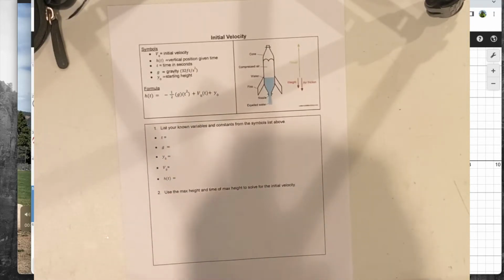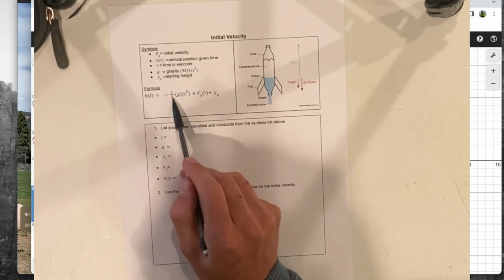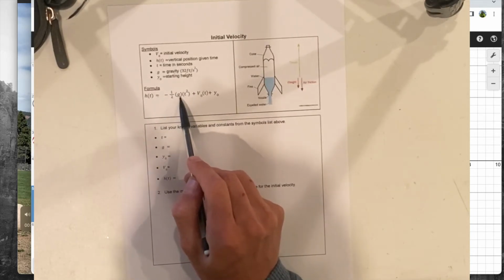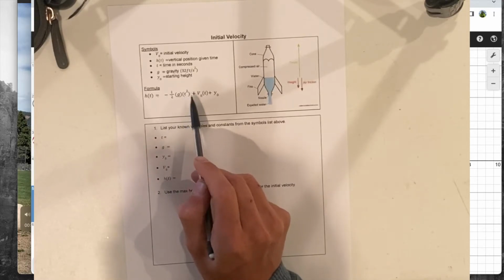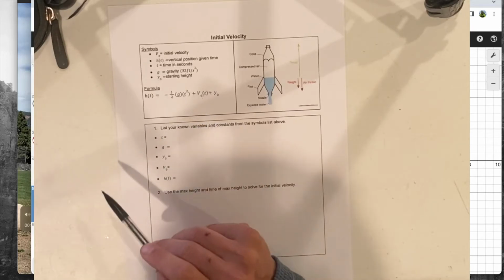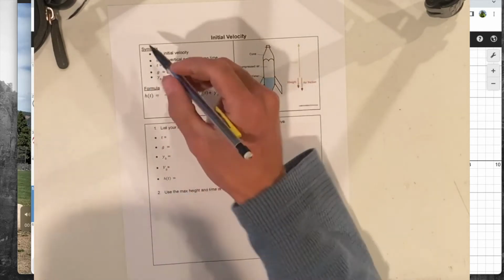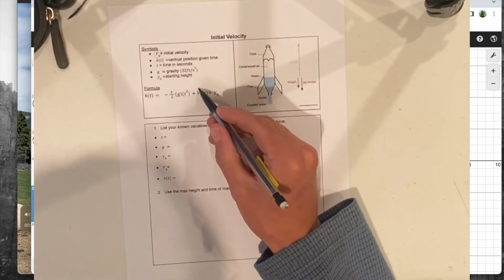All right, and then the formula that we're going to use is from your kinematic equations, and that's h of t equals -1/2 times gravity times t squared plus v naught times t plus y naught. And what we're trying to figure out is our initial velocity, that's v naught right here.